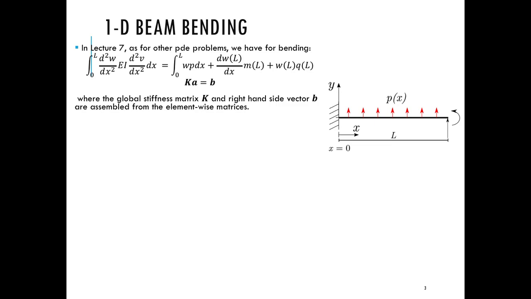which essentially involves converting the strong form into the weak form, which I've done right here. और weak form के लिए हम एक weight function से multiply करके integration by parts करते हैं.